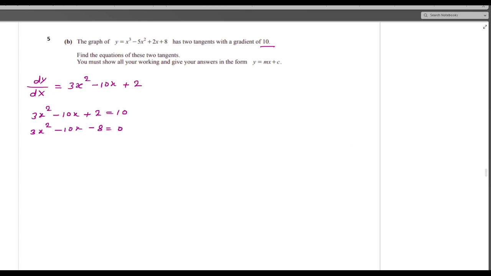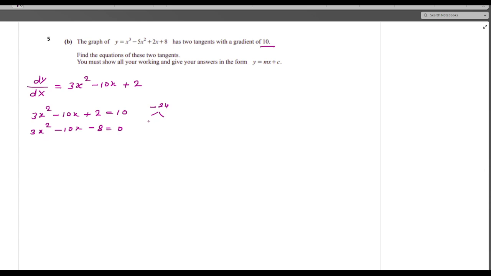Now you have to factorize this. Either you use the formula method or you can try with factorization. Let us try with factorization. 8 times 3 is minus 24. Now I have to see two factors of minus 24 whose sum should be minus 10.